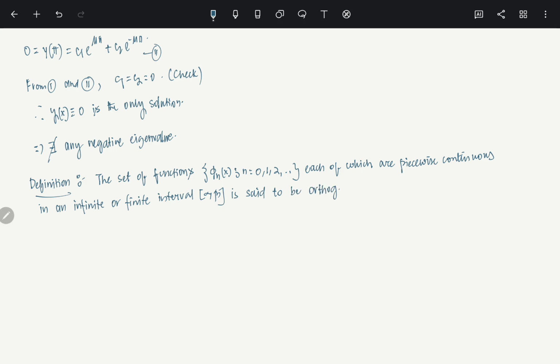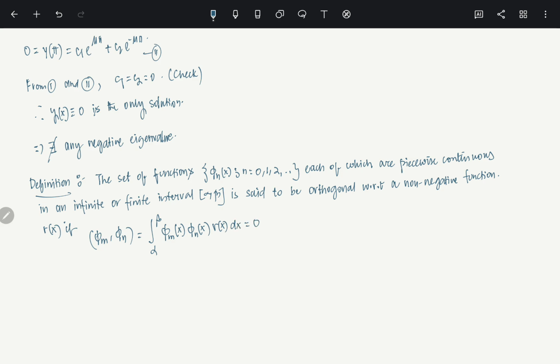Now the set is said to be orthogonal with respect to a non-negative function r of x if the inner product of phi m and phi n, given two functions, is defined like this: the integral from alpha to beta of phi m of x, phi n of x, r of x dx.